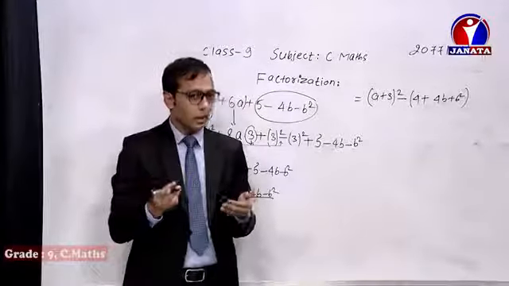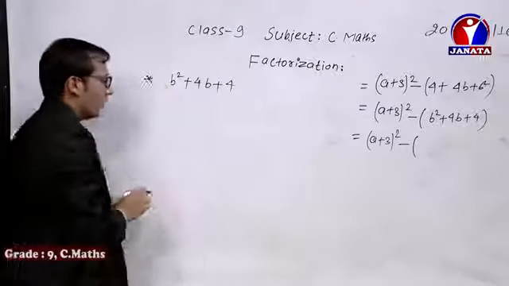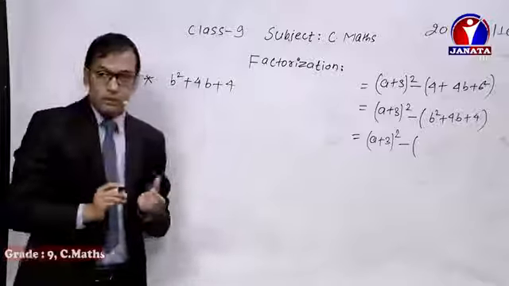There are various ways to understand. Let's see here on the rough side how we factorize b square plus 4b plus 4. There are 3 terms.